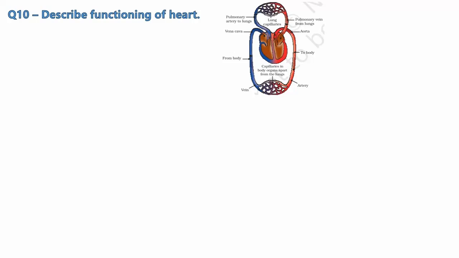From the lungs, the oxygen rich blood, shown in red color, comes into the top left chamber, which is the left atrium. When the left atrium compresses, the oxygen rich blood flows into the bottom left chamber, called the left ventricle.